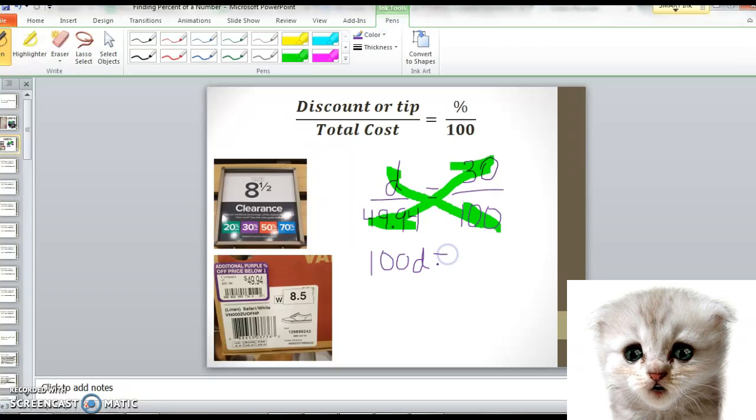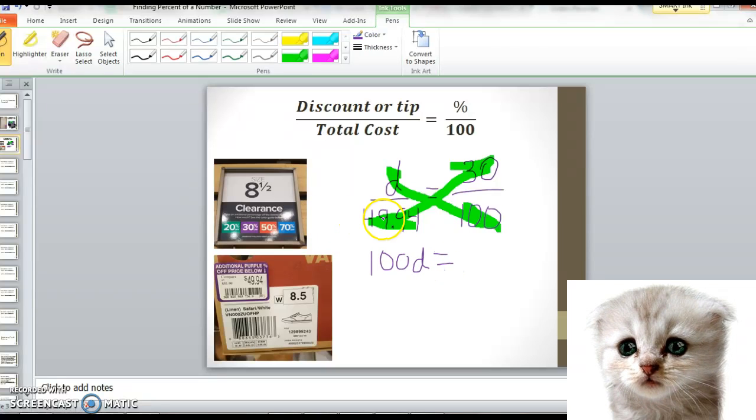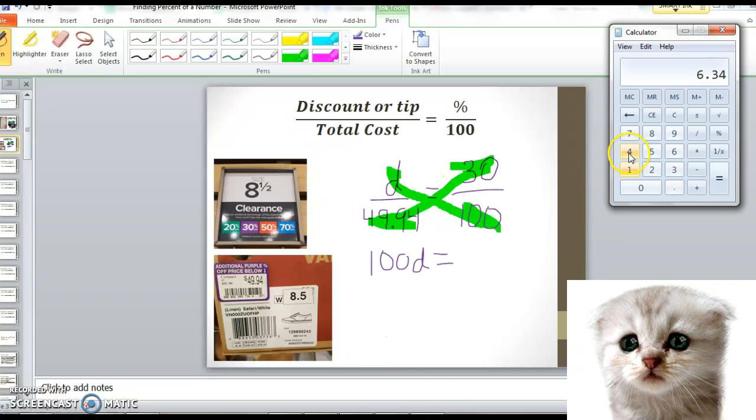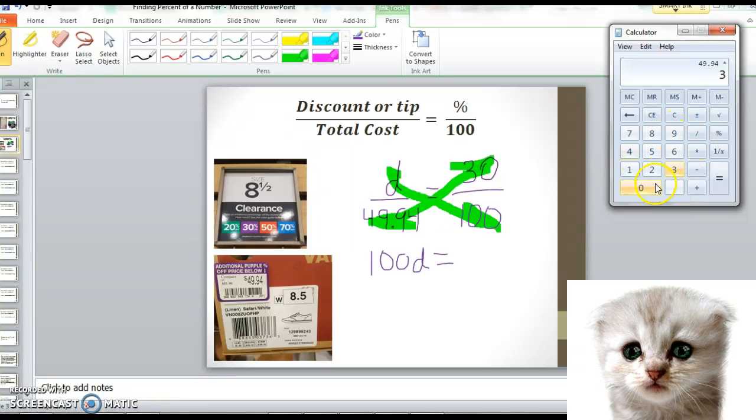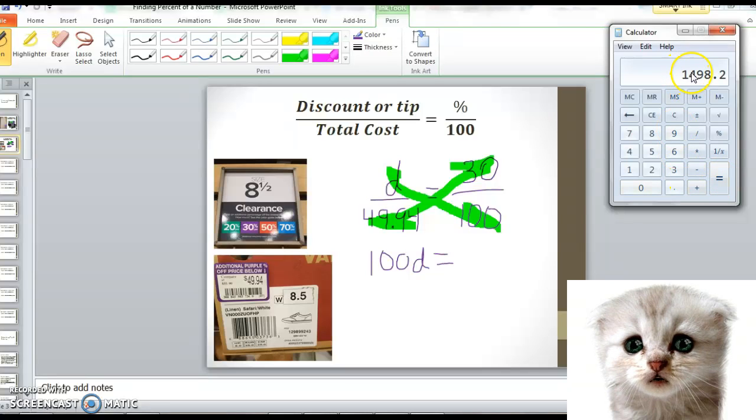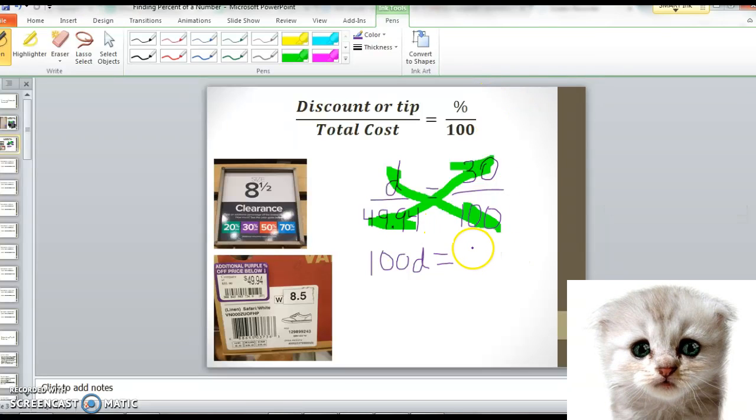Which is equal to $49.94 times 30, which equals 1,498.2.